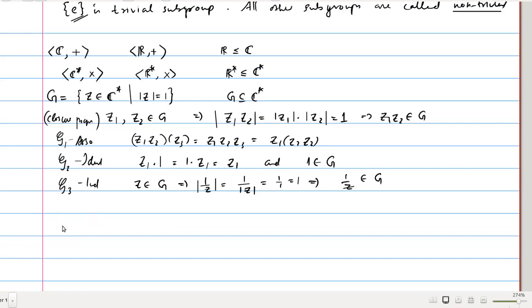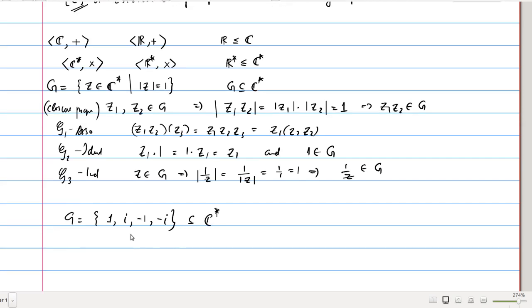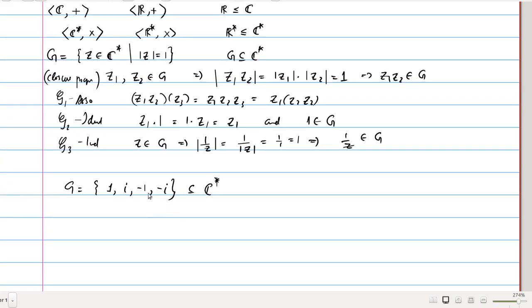Now another example. If we take G as the set of the four elements 1, I, minus 1, minus I, then under the induced operation from C star, it's again a subset of C star, because C star contains the non-zero complex numbers, and this contains exactly the non-zero complex numbers 1, I, minus 1, minus I. If you consider G along with multiplication, then we can get that it is a group.